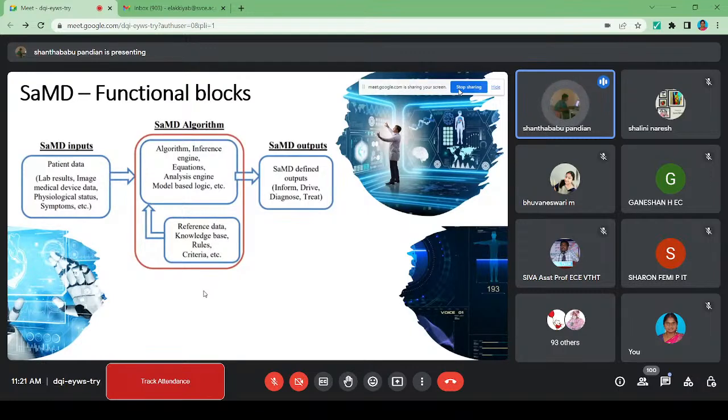So the system is giving you, like, my blood glucose device is saying 120 or 130 during fasting. So I need to go and check whether it is actually normal reference data. I'm searching for some reference data, but my SaMD will take the reference data and the knowledge and rules and criteria, and it will immediately give the output to you.